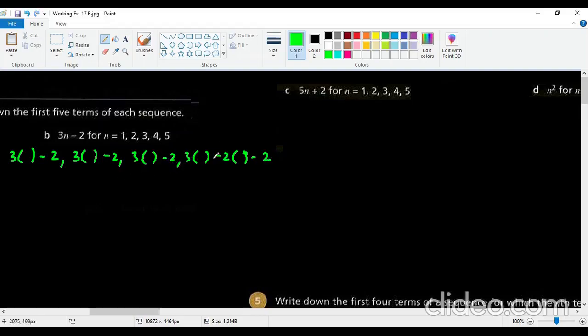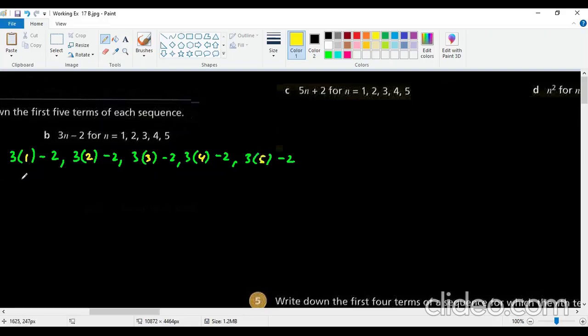So first, second, third, fourth, and this one is going to be the fifth one. And in place of n, I am going to write the values 1, 2, 3, 4, and 5.